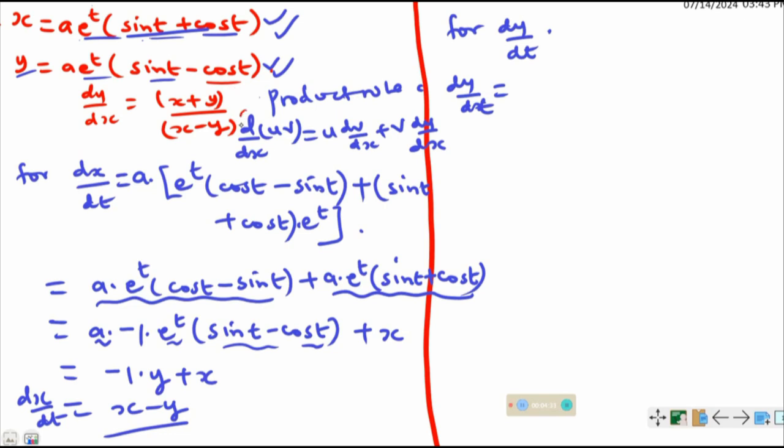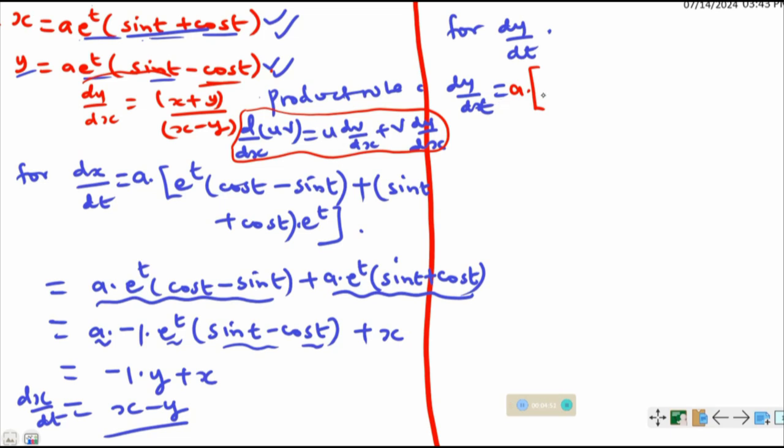Similarly, we shall apply the product rule to differentiate this given function. So let us have our a, which is a constant, and we have e to power t as our u, then sine t minus cos t as our v.